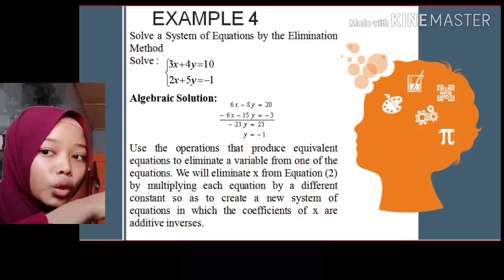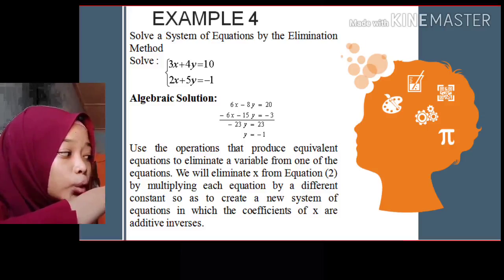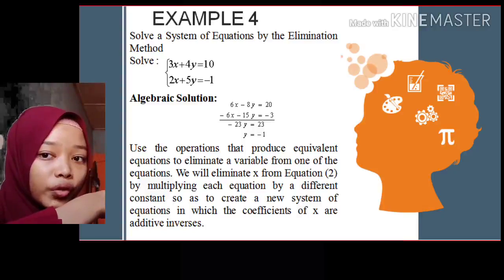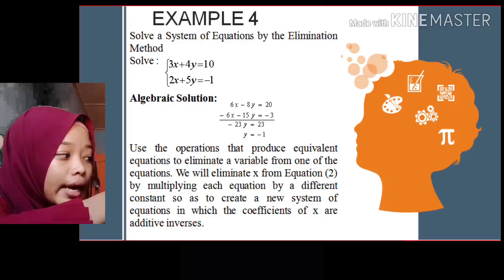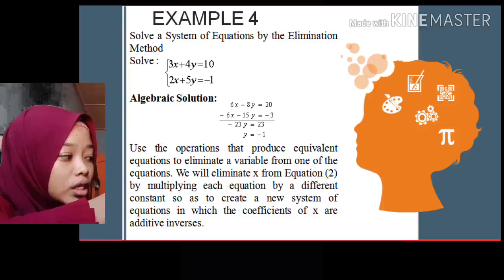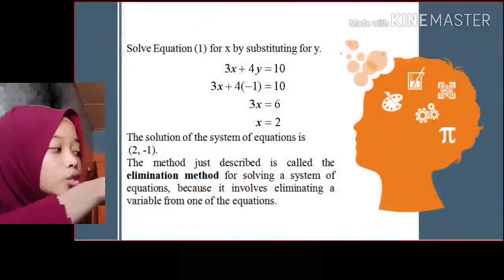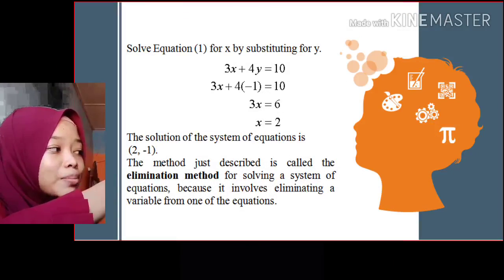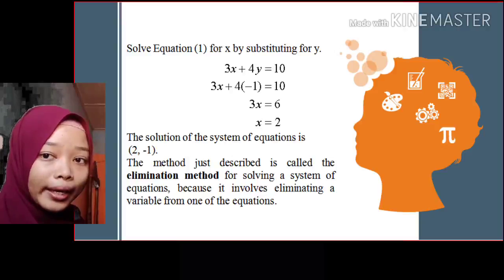Equation 1 times 2 and equation 2 times minus 3. 6x plus 8y equals 20, and then negative 6x minus 15y equals minus 3. So, minus 7y equals 17... solving gives y equals minus 1. Solve equation 1 for x by substituting for y.